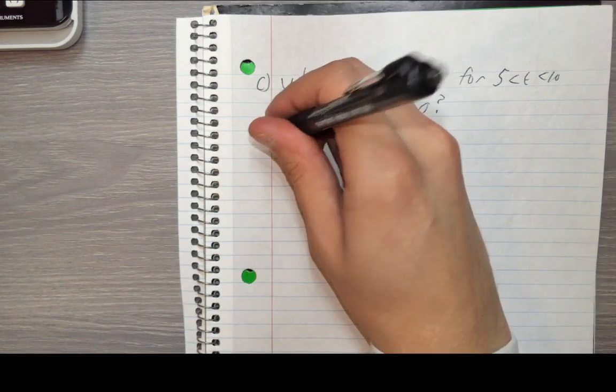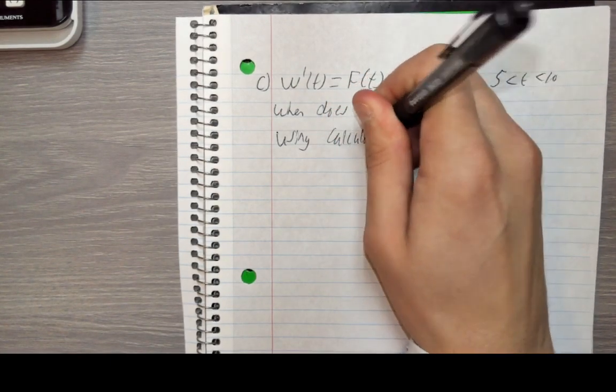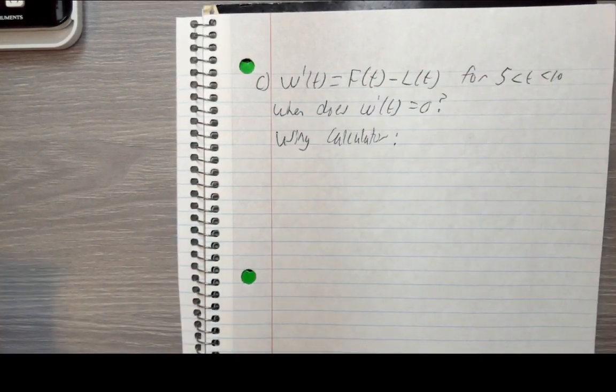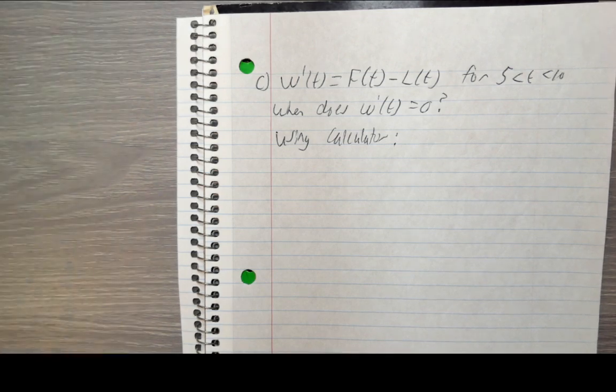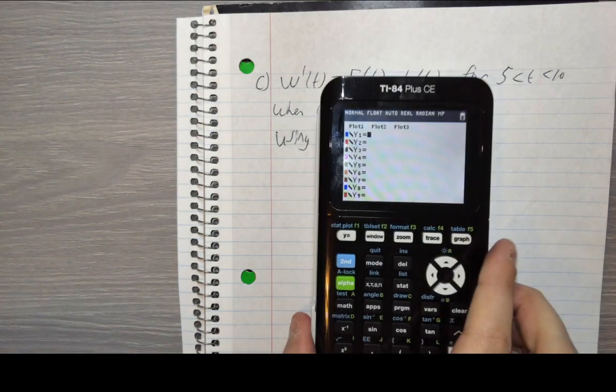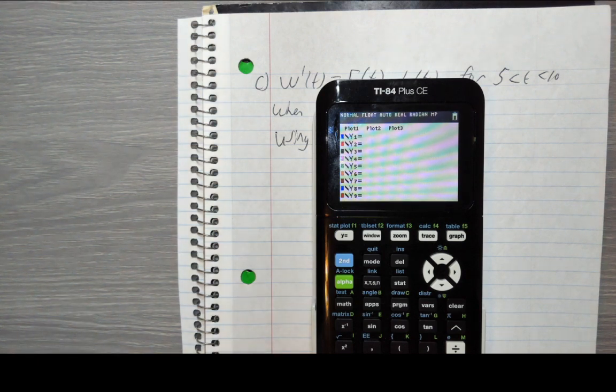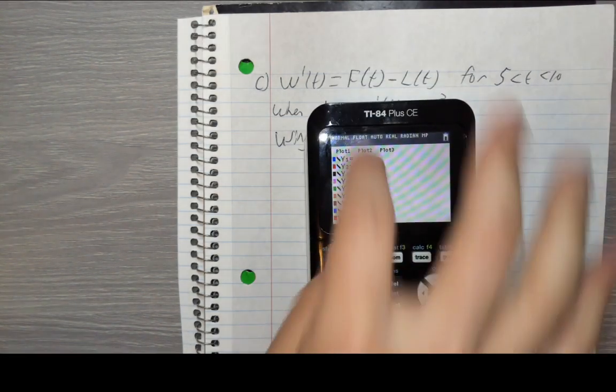We want to use our calculator. Now, this one's a little bit easier because we don't have to put any derivatives in. Okay, so using the calculator, all I want to do, guys, is in my y1 row here, I'm going to want to put, because I don't have a function for w of t, so I can't find a derivative of w, so we have to just use the idea that w prime of t is equal to f of t minus L of t.